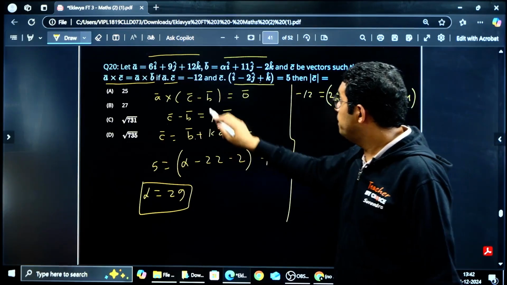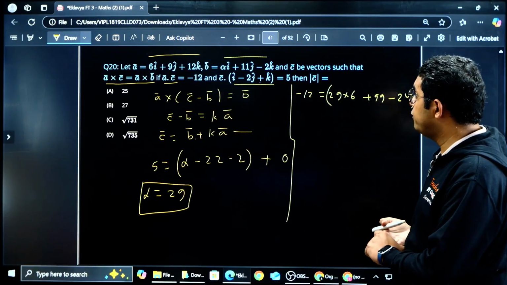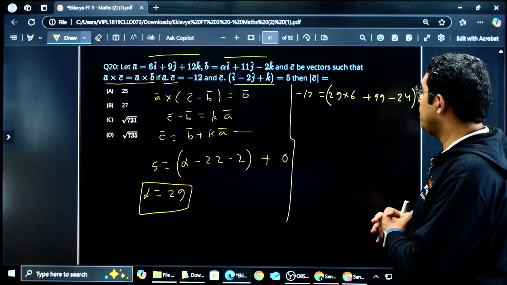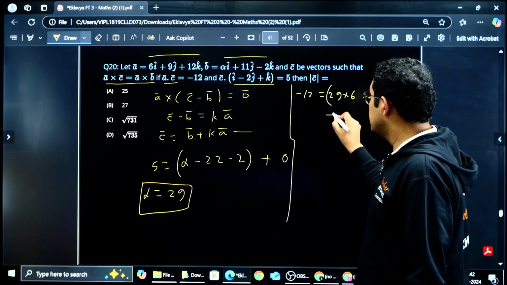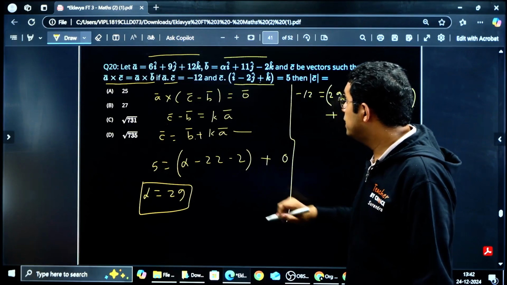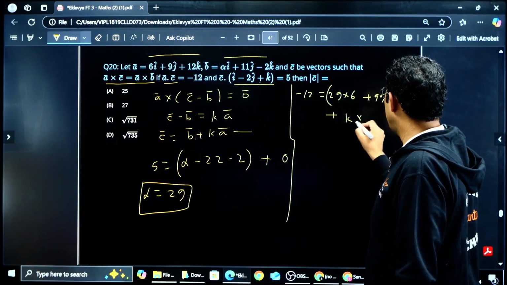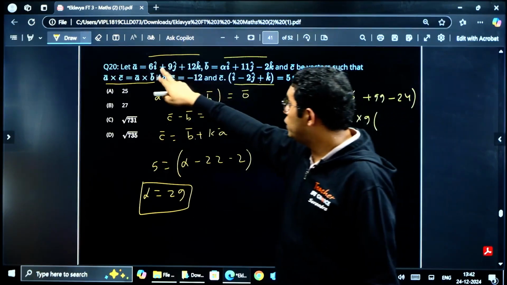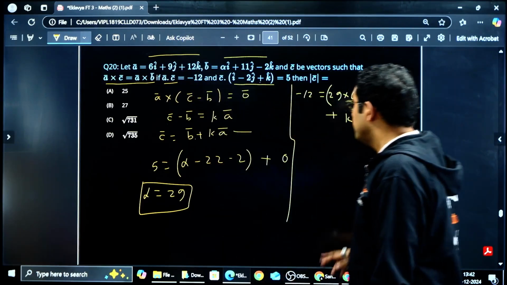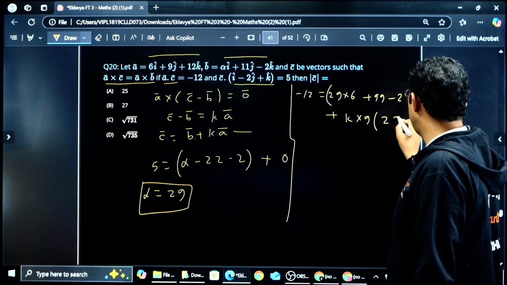So minus 12 here, B dot A is 6 alpha plus 99 minus 24, plus K times A square. And A square, if you take 3 common, we can write it as 9 times 2, 3 and 4. If you add their squares, we get 29 here.